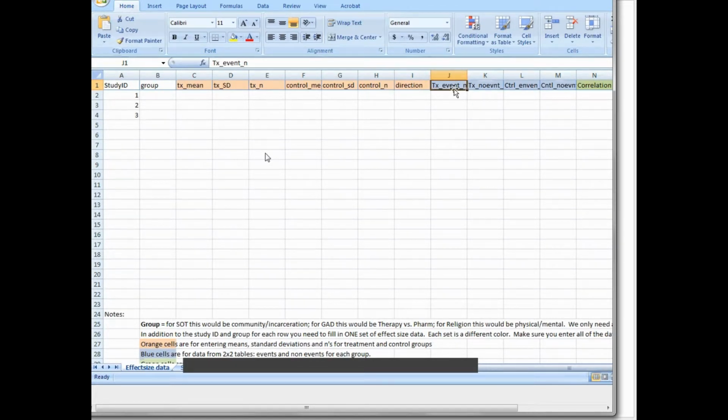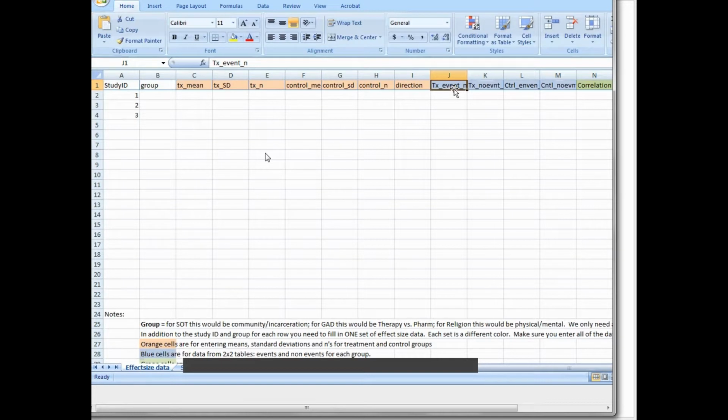The next one I've colored in blue just to keep it clear that those all go together. That's the treatment group event N and the non-event N for the treatment group.